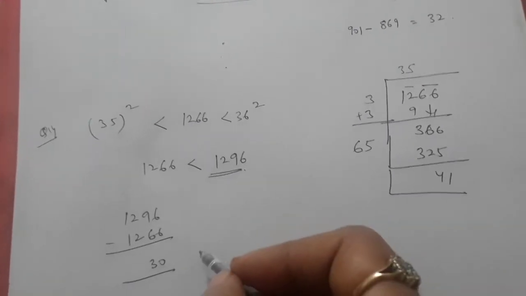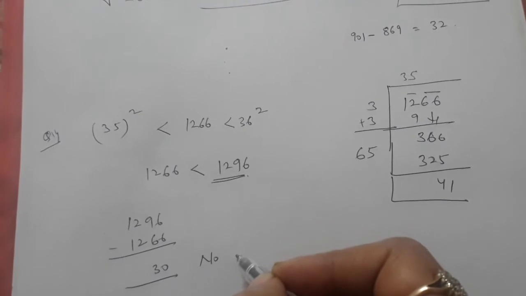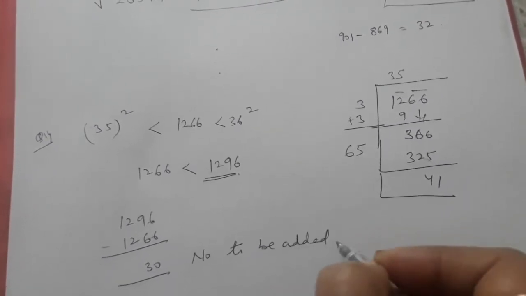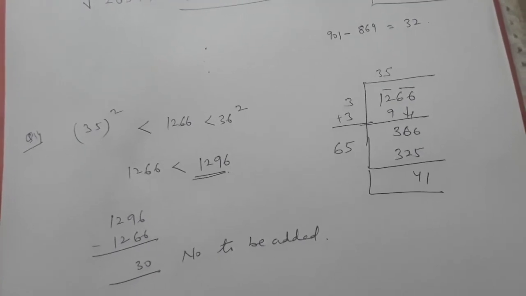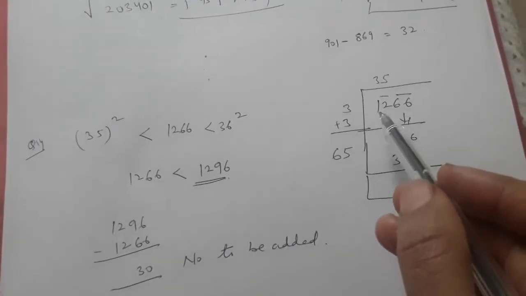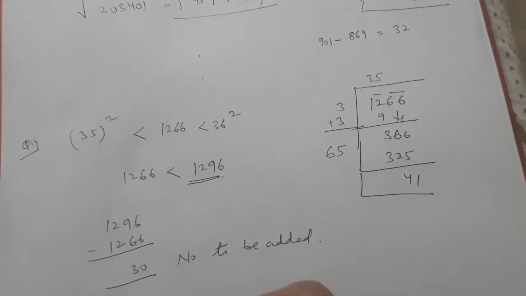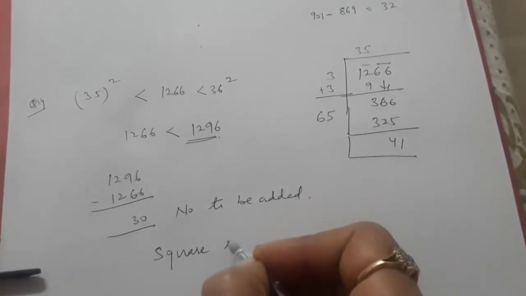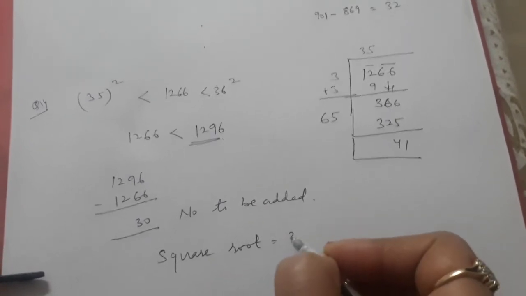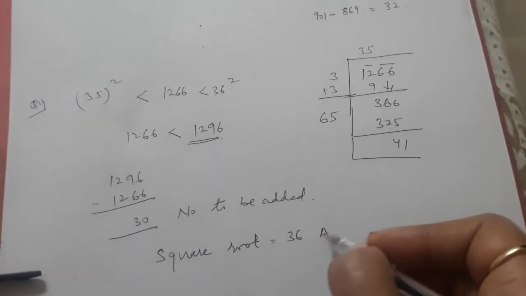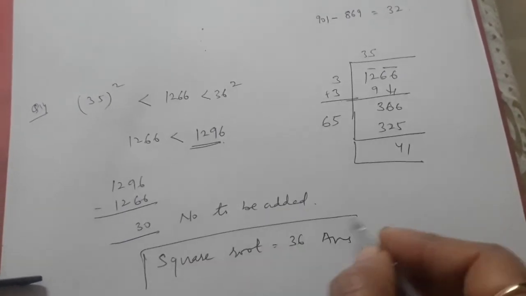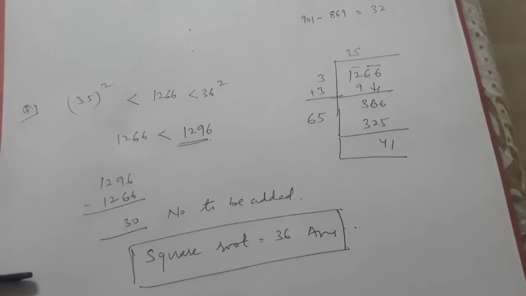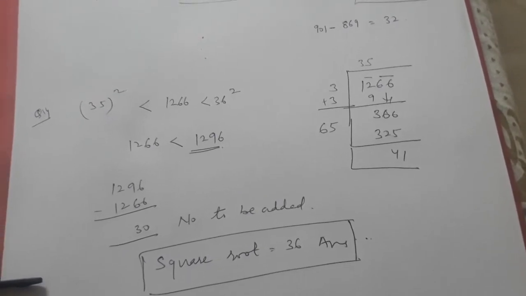So 30 is the number to be added, and if 30 is added to 1266, the number we get will have the square root 36, which is our answer. I hope question number 14 is perfectly clear.